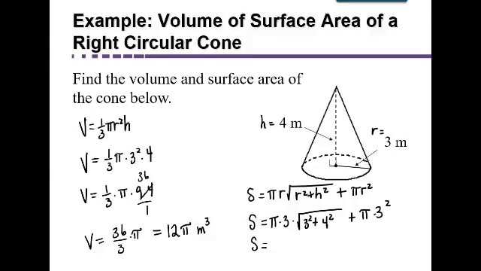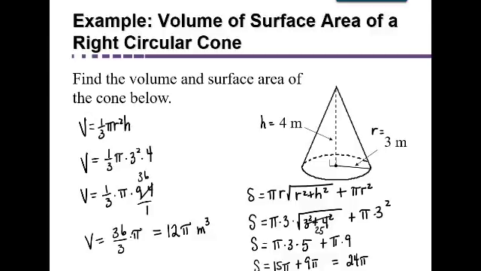S equals pi times 3 times the square root of 9 plus 16. So under here we have 25. Square root of 25 is just 5. Plus pi times 3 squared, which is 9. So we have S equals 15 pi plus 9 pi, which is just going to be 24 pi. You just add up the coefficients.